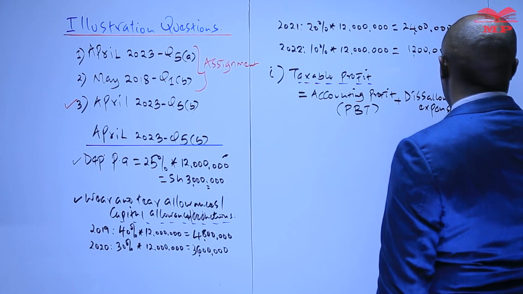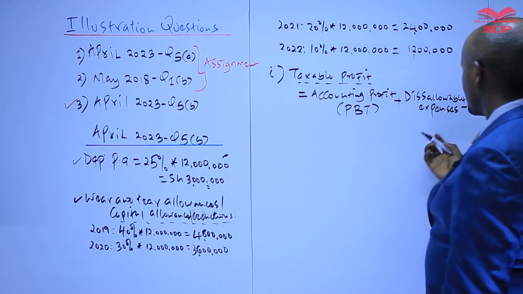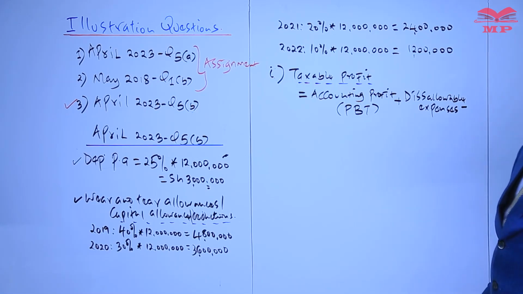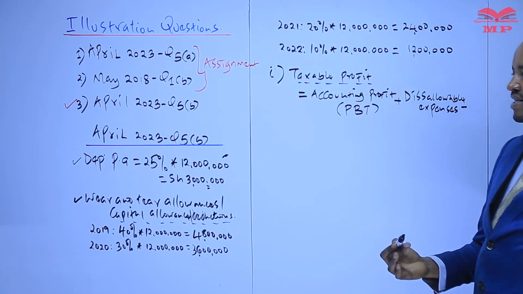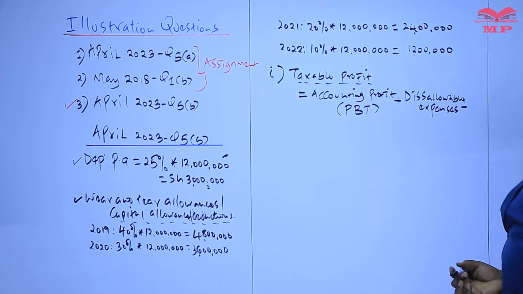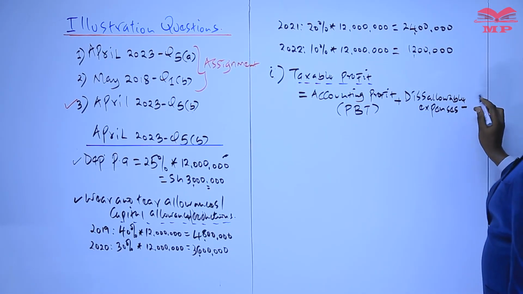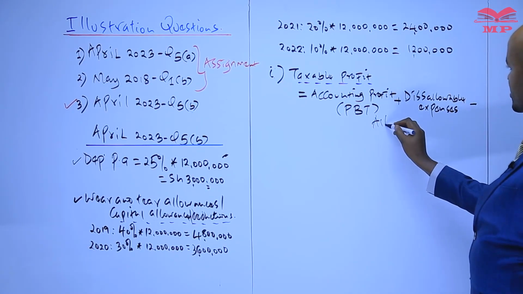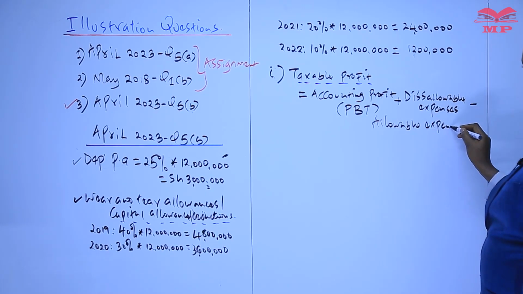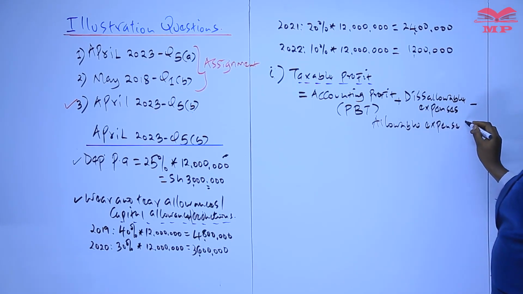The disallowable expenses are those expenses which are deducted in arriving at this profit, but are not supposed to be deducted in accordance with the tax laws. So we add them back, and then we deduct the allowable expenses which have not been deducted in arriving at this profit.